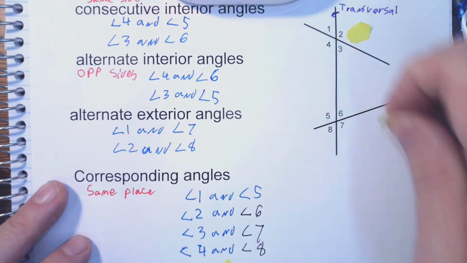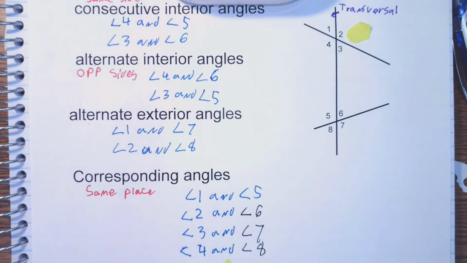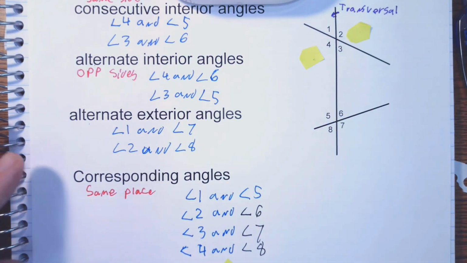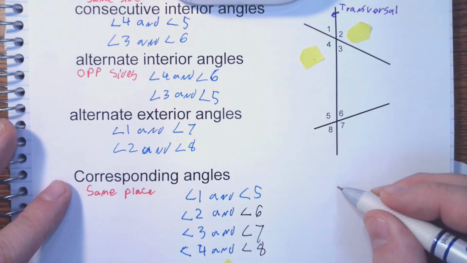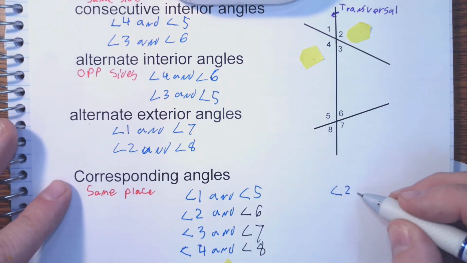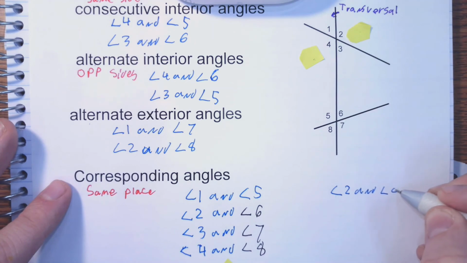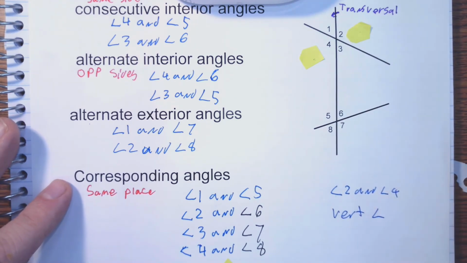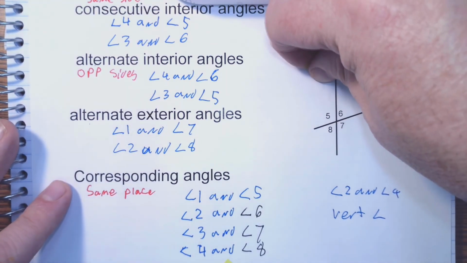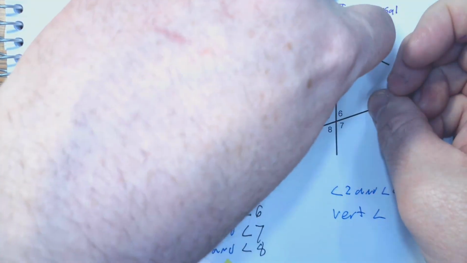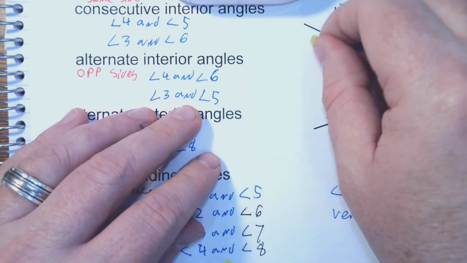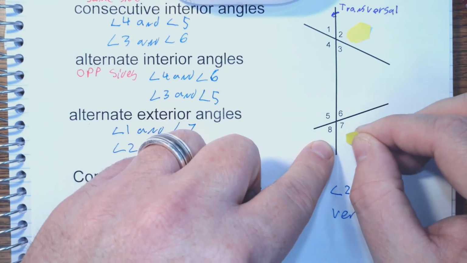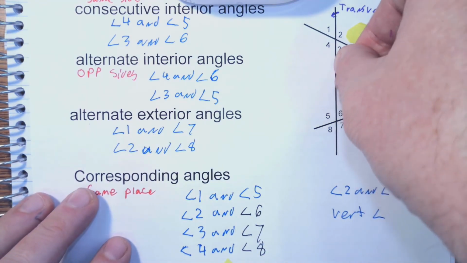All right. Okay, this is not today's assignment, but what are those two angles? What's the vocab for angle 2 and angle 4? Because notice that they're vertical angles because they're on the same basic X. They're not on different X's, right? What would this be?